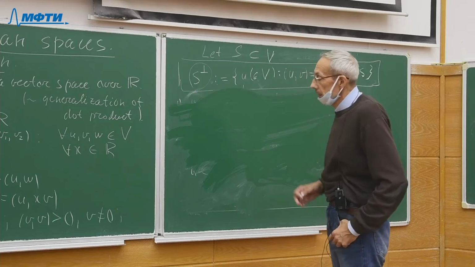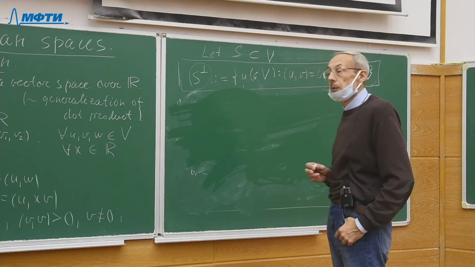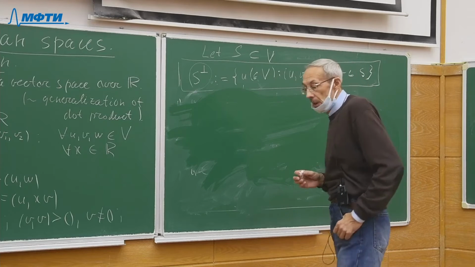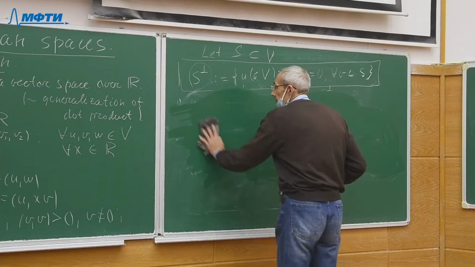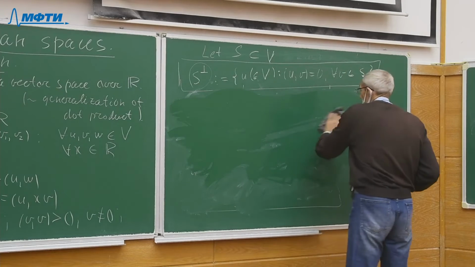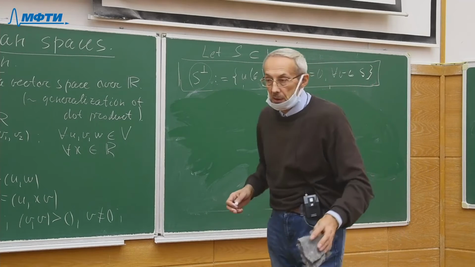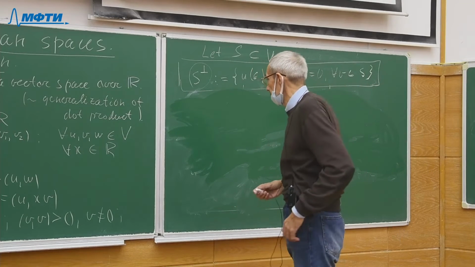I recall that in one of the previous lectures we introduced the notion of the so-called dual space, or space of functionals on an arbitrary vector space.